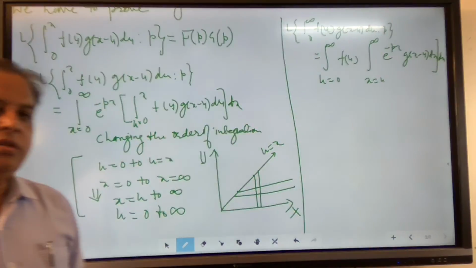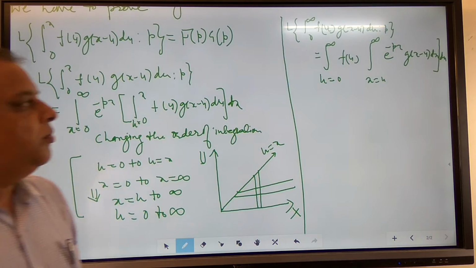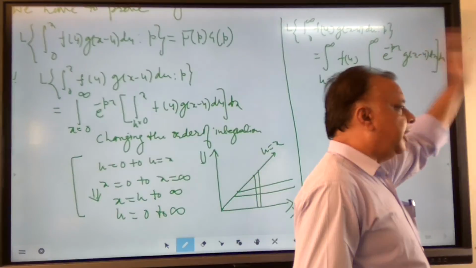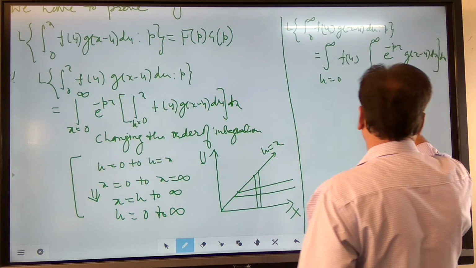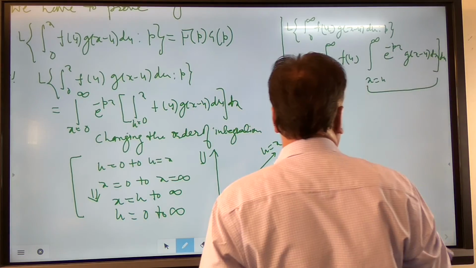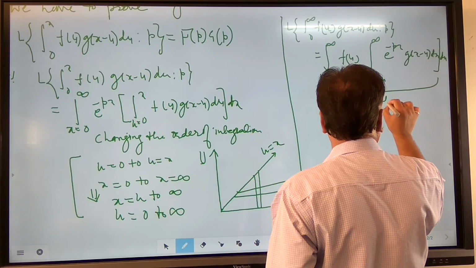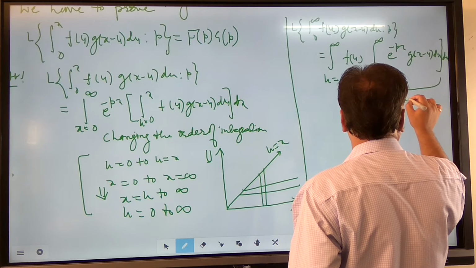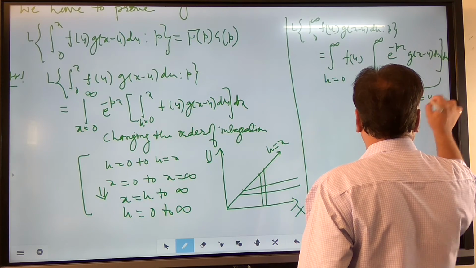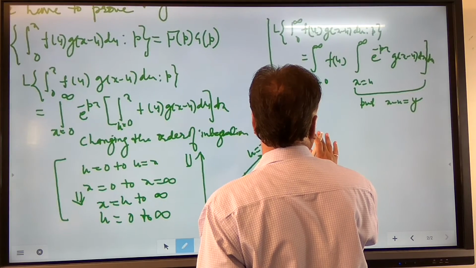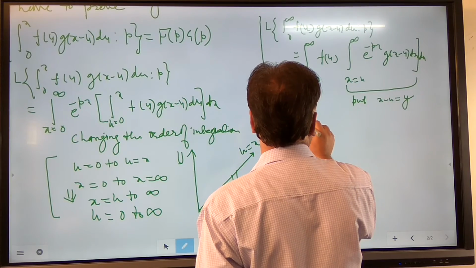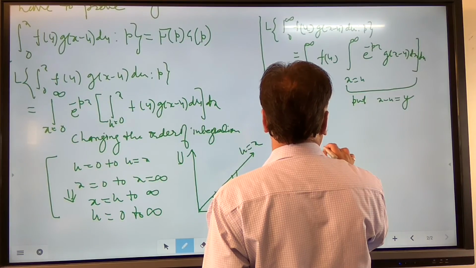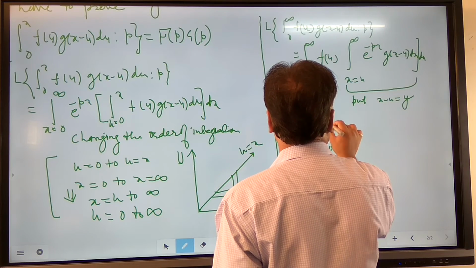So we change the order of integration. First we integrate with respect to x and then u. Now in the internal integral, if we put x minus u equals y, then we get the integral u equals 0 to infinity of f of u.